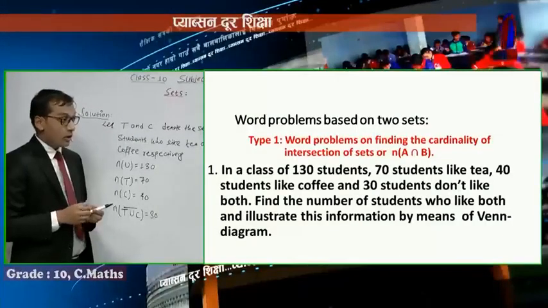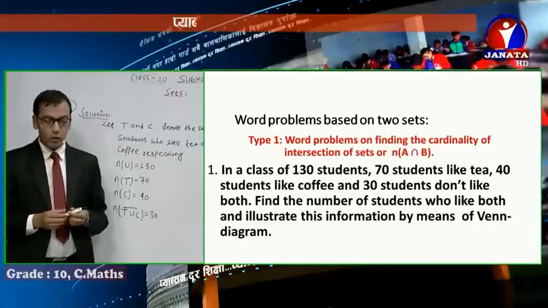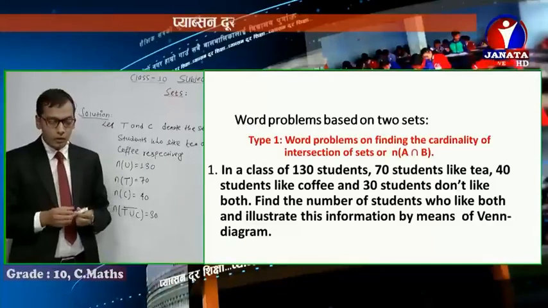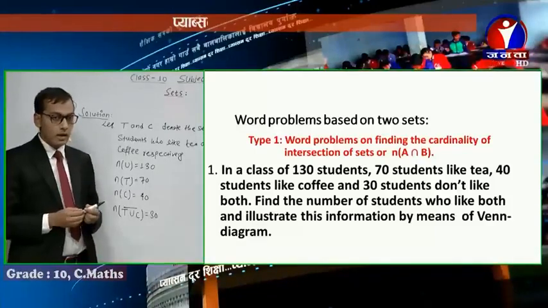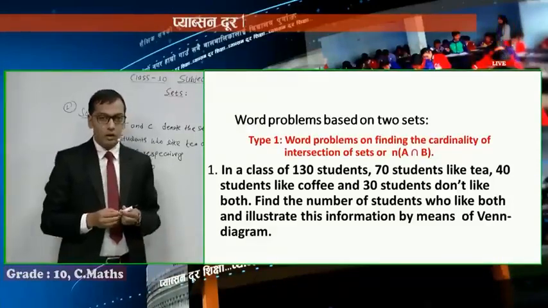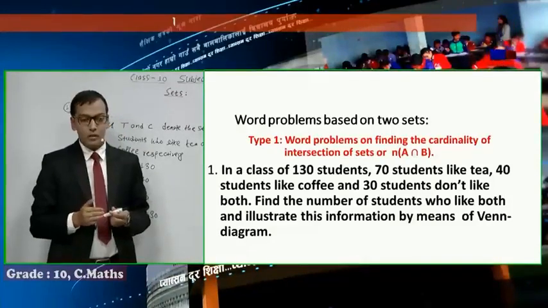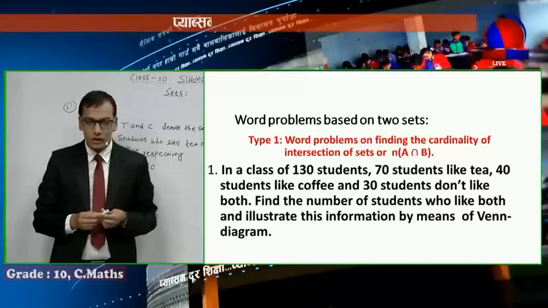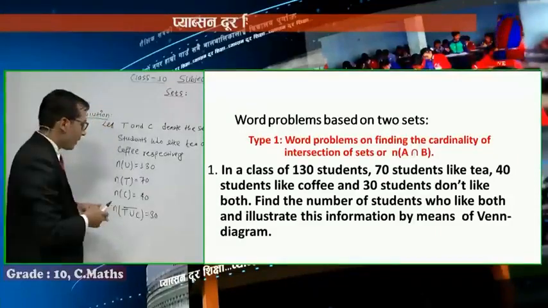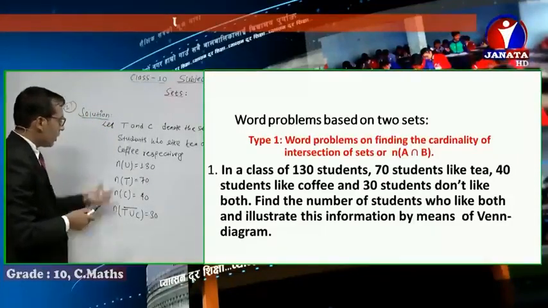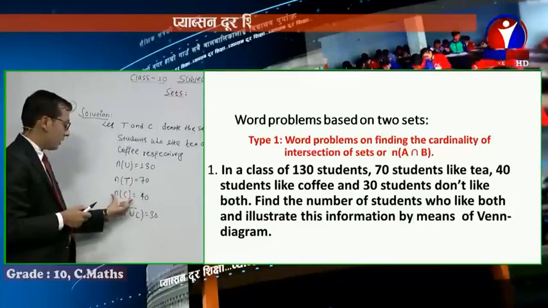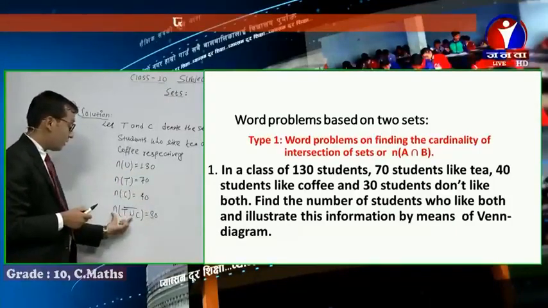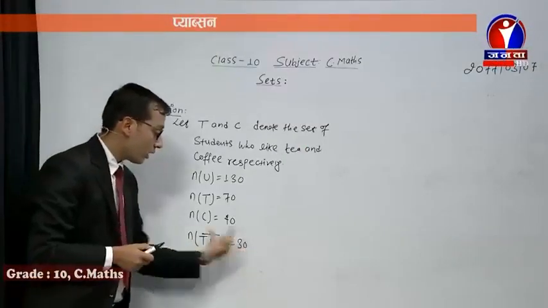So we are asked to find the number of students who like both, and we are solving this question by means of a Venn diagram. After writing all this information: N of U is 130, N of T is 70, N of C is 40, and N of (T union C) complement is 30.